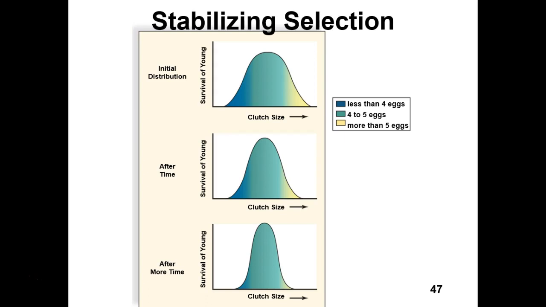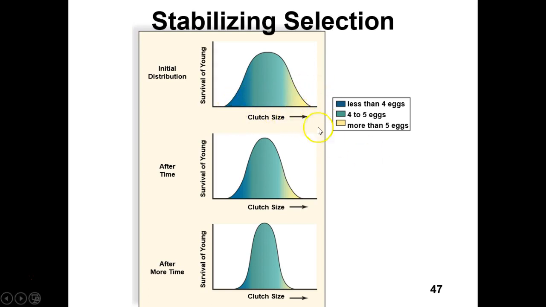In this case, we're looking at clutch size for eggs, but we could also be looking at infant size in humans. So for the clutch size for eggs, if you have less than 4 eggs, then some of those birds aren't going to make it, and some of the birds that do make it might end up being killed off by a predator. You're not going to be as fit.